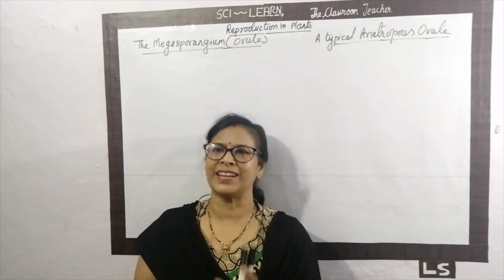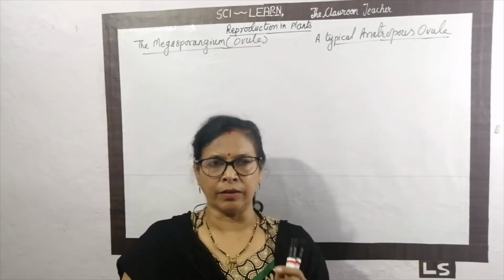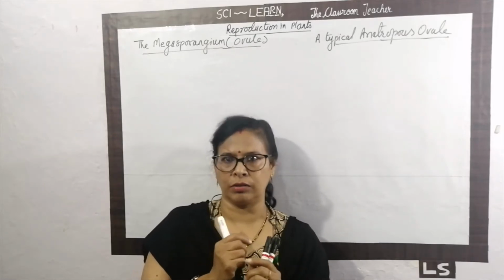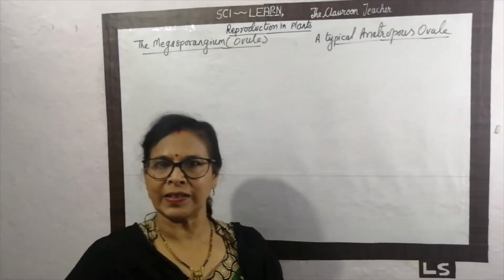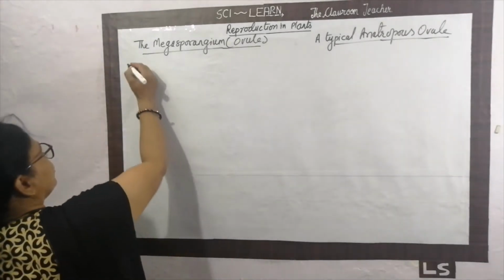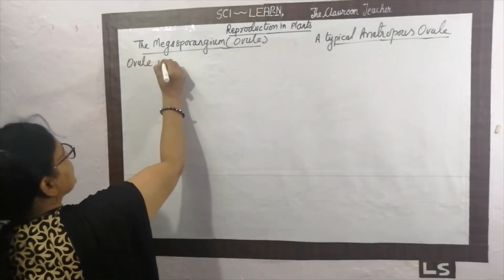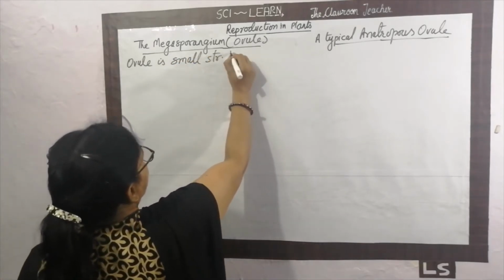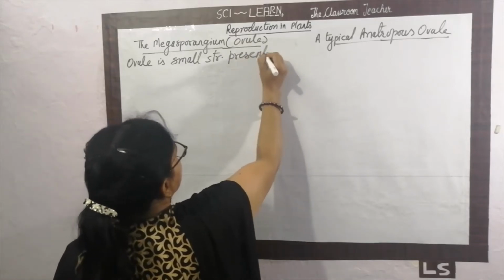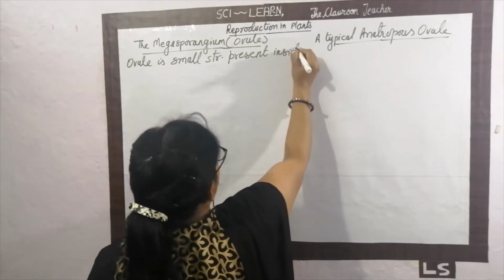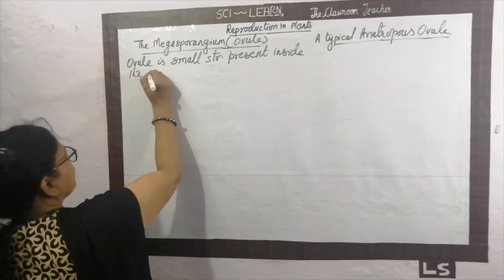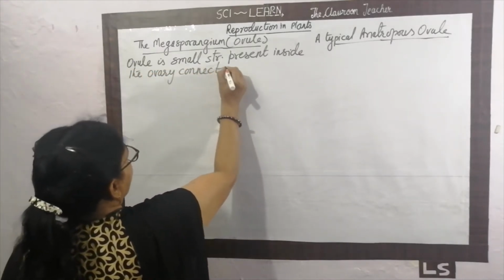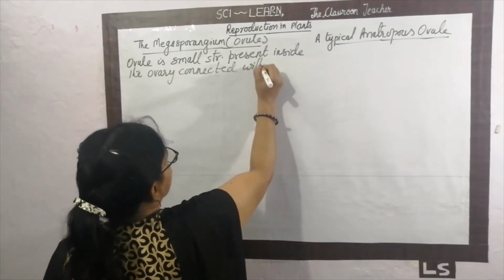It is a small structure attached to the placenta by a stalk called the funicle. So what is the ovule? The ovule is a small structure present inside the ovary, connected with the placenta.